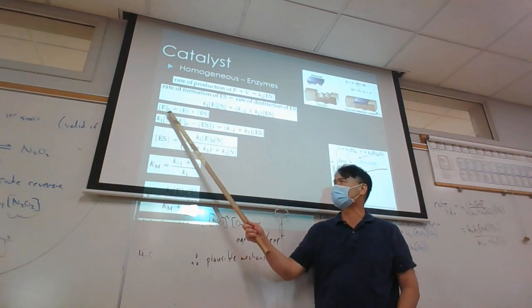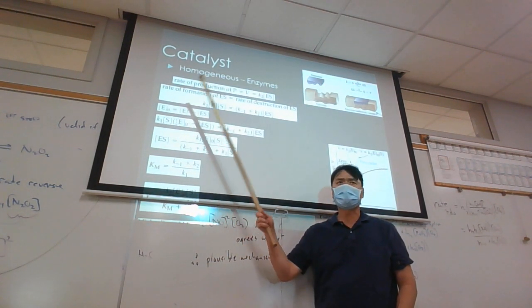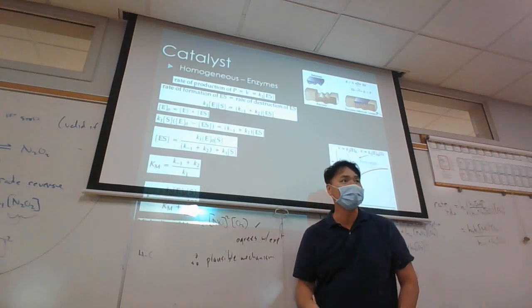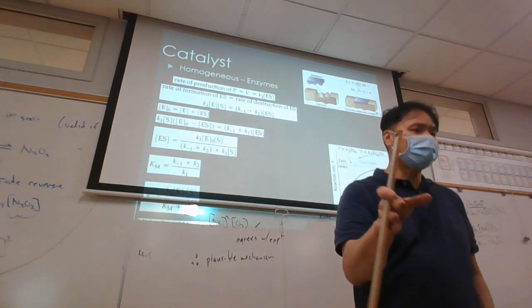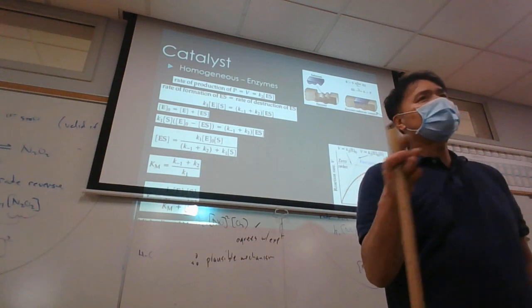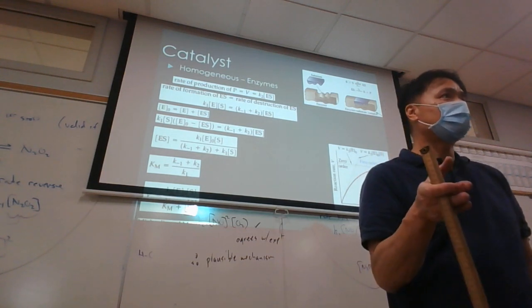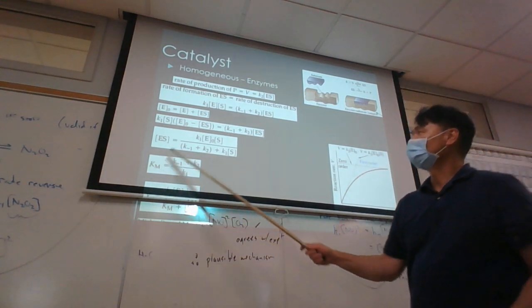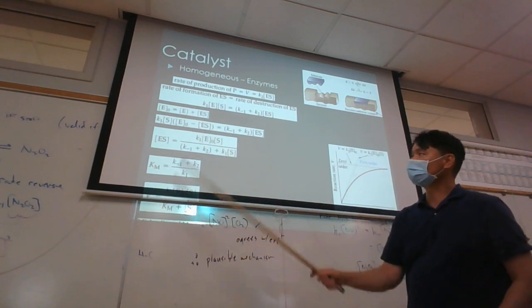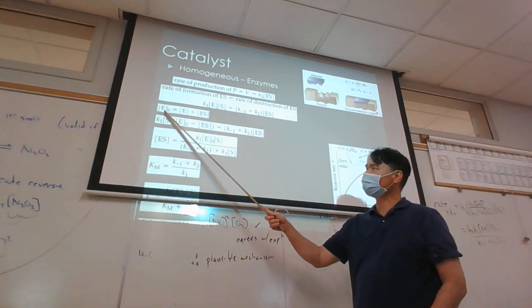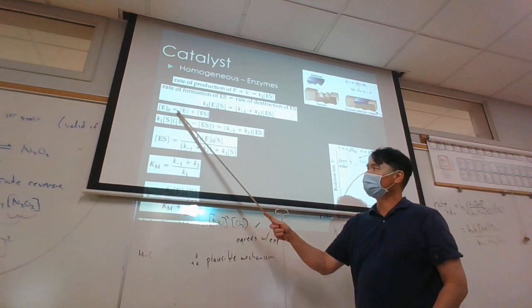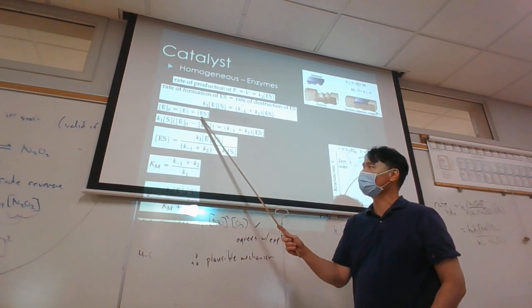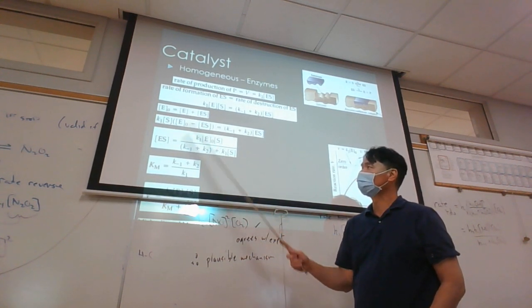The total enzyme concentration is equal to the amount of enzyme you dumped in there at the beginning of the reaction. So you dump in a whole bunch of enzyme, and then some of it's going to complex and some of it will remain free. And that's given by these two. And so we're going to have the initial enzyme concentration, which is going to equal the free enzyme concentration plus the complex enzyme concentration.